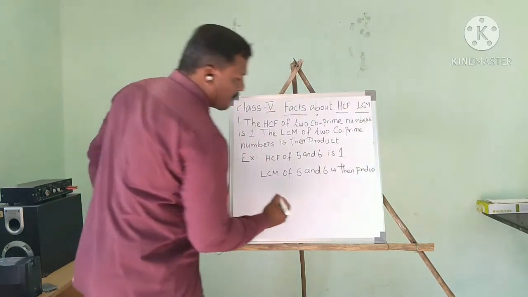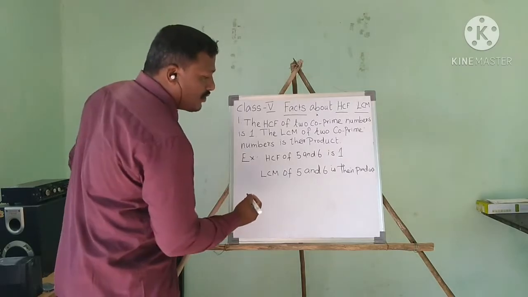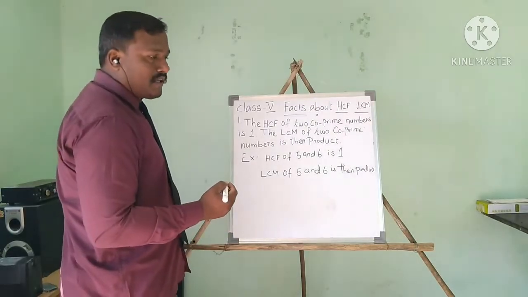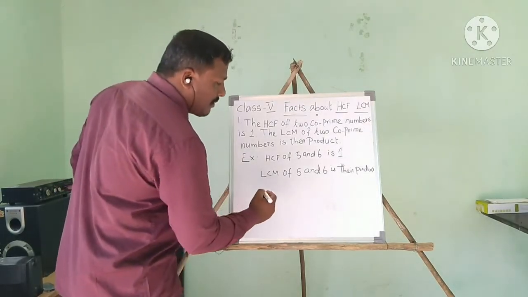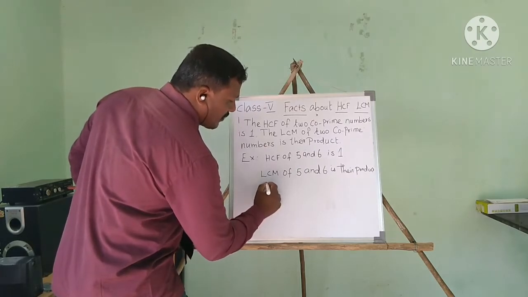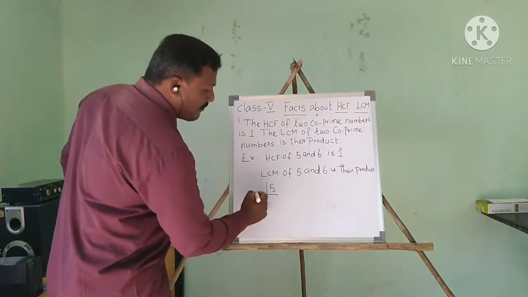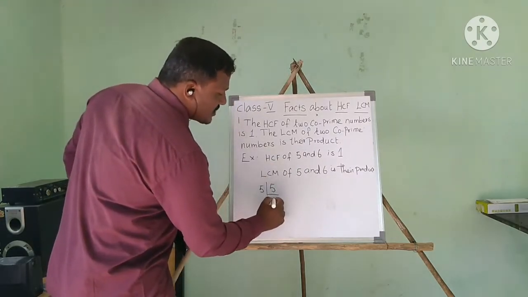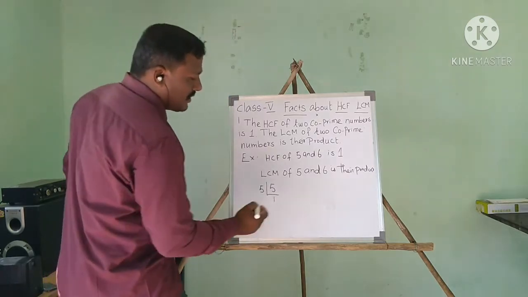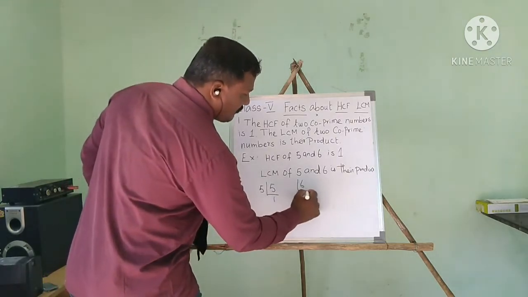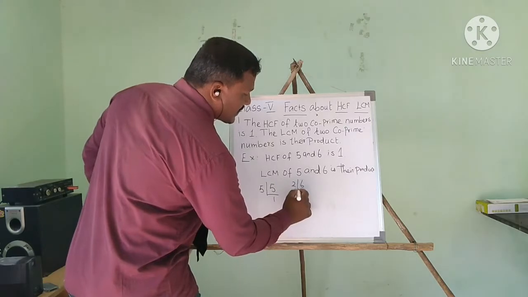If you find the LCM, you know, the least common multiple, take 5: 5 once is 5. Then 6: 3 2s are 6.